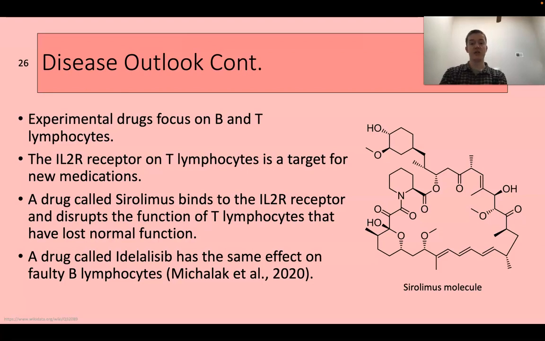A medication called sirolimus binds to the interleukin-2 receptor, and it disrupts the function of T lymphocytes that have lost normal function and have started to incorrectly destroy healthy red blood cells. And a medication called idelalisib has the same effect on faulty B lymphocytes.